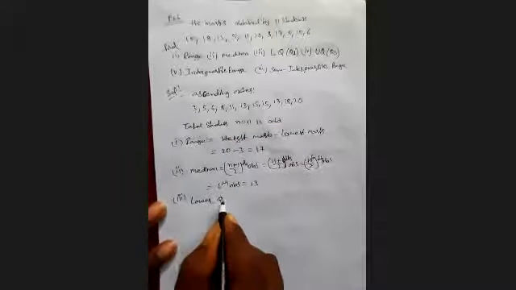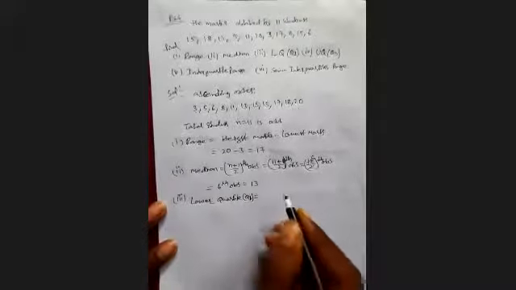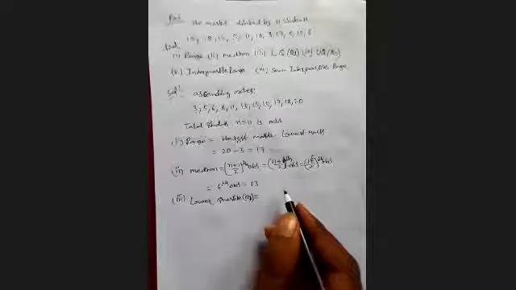The third question is asking for the lower quartile, Q1. For even we have one formula, for odd we have another.